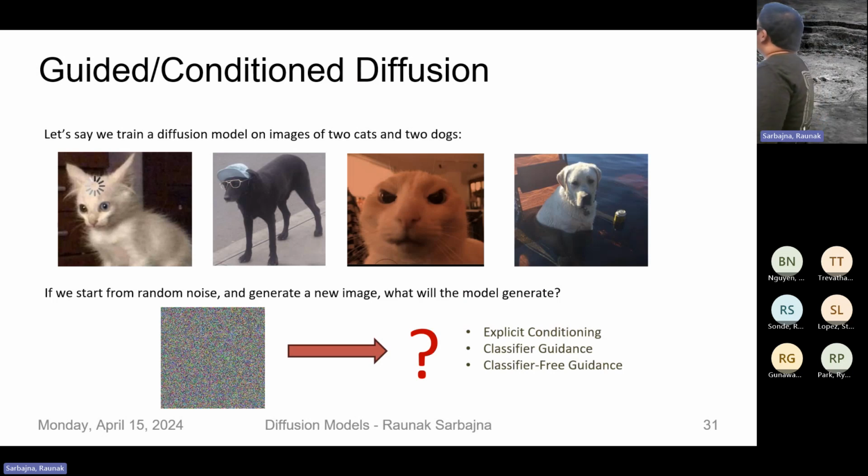We train a model on these four images. And then if we start from random noise, what does the model generate? We don't know what it's generating, right? So to know where we are trying to direct this Markov chain, starting from complete blank noise, is called conditioning.